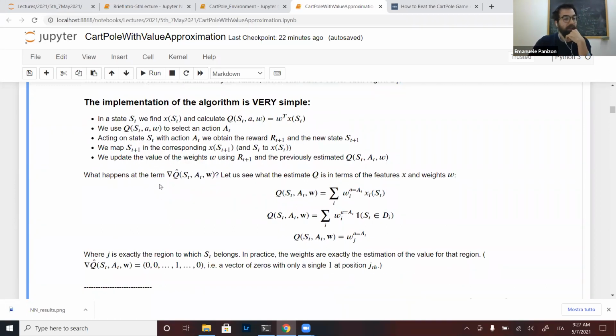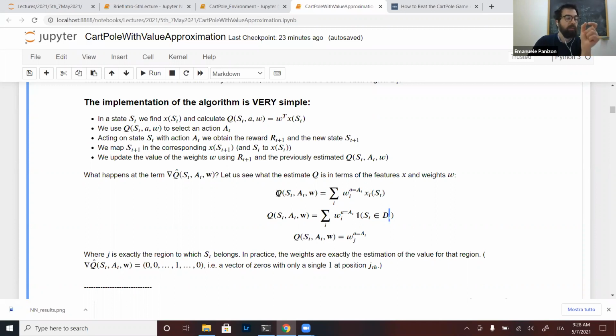Why is it extremely simple? Because as you remember, we need the gradient of the value function with respect to w, and we can check this very simply. So if the value for a state and an action with an auxiliary vector w is just the sum of these weights multiplied by the feature vector, and the feature vector is 0 everywhere except for a 1, and that 1 is the one corresponding to the region in which our state is, then the value function is none other than the single entry of the weight vector corresponding to that region.